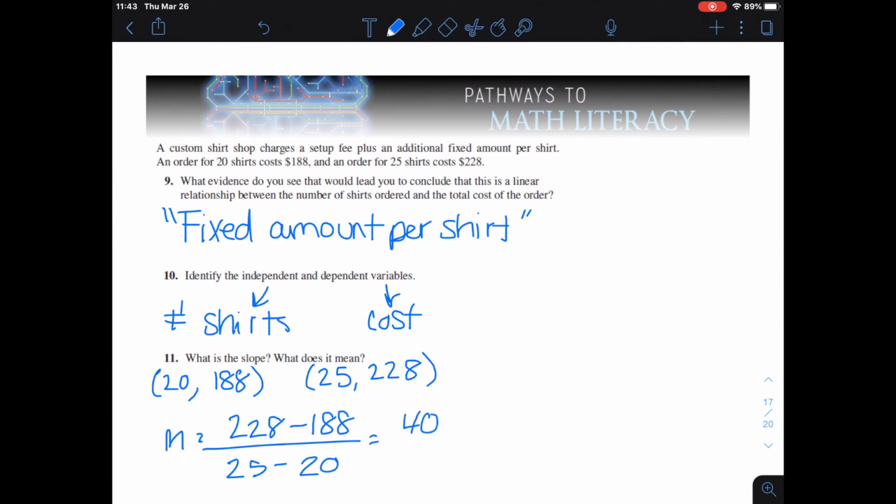So we get 40 over 5, which is $8. So it costs $8 per extra shirt we order.